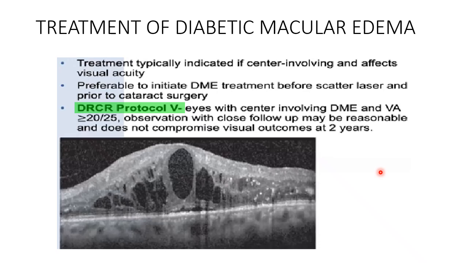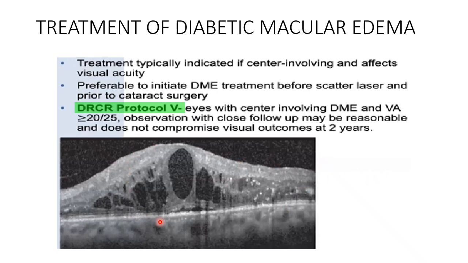And they said that if a close follow-up can be maintained for such patients, one can skip anti-VEGFs and simply observe the patient, provided close follow-up is done. This showed that there was no compromise in the visual outcomes at 2 years, as long as the visual acuity remained better than 20/25 and there was no further increase in the edema.